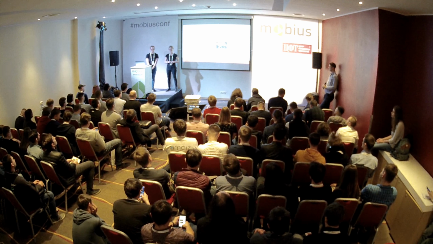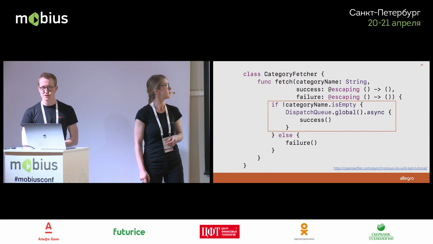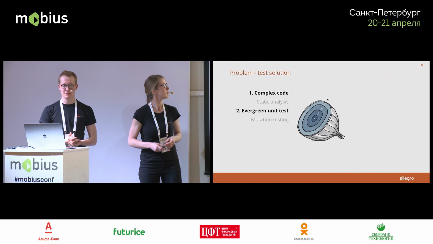Okay, so let me answer the first question, about writing unit tests. Unit tests are required for every piece of code that's written in a testable way. So I don't think there is a way for pull requests to be merged before the developer writes tests for it.